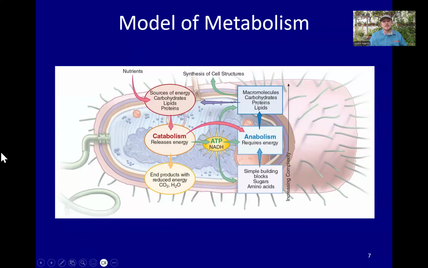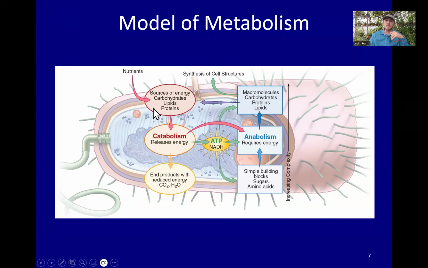And so you can think of these catabolic pathways as breaking things down, and these anabolic pathways as building things up, in terms of this metabolism of maintaining homeostasis, where we bring in these nutrients, and these nutrients necessarily might not be what we need currently for what we're doing or for the current environment.